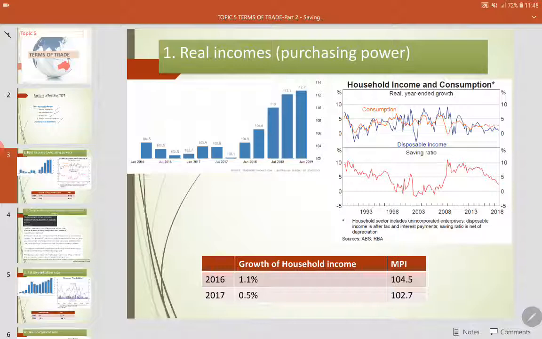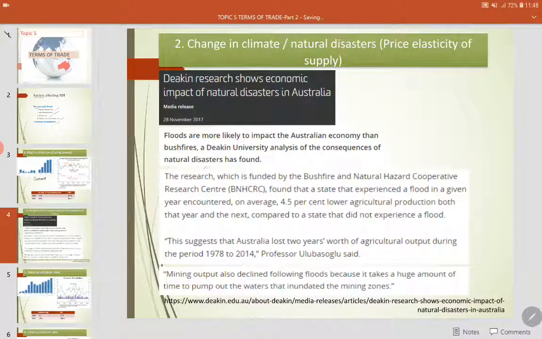You can use this as an example when you discuss changes in demand, and this example is for changes in supply. Due to natural disasters or climate changes, you can use it as an example.